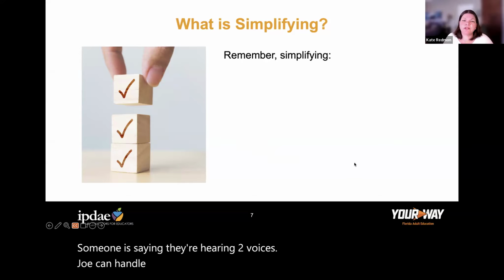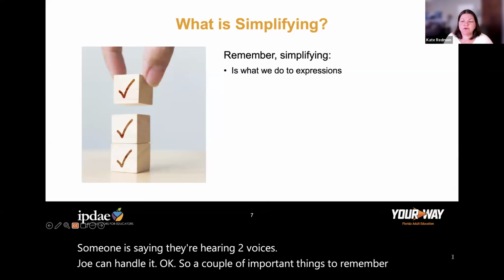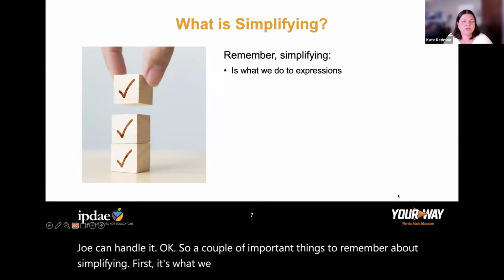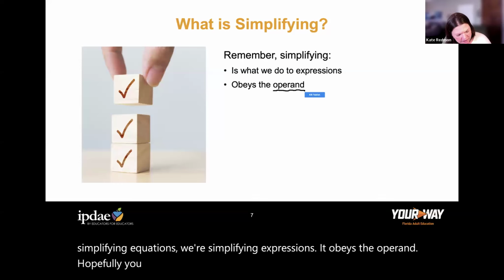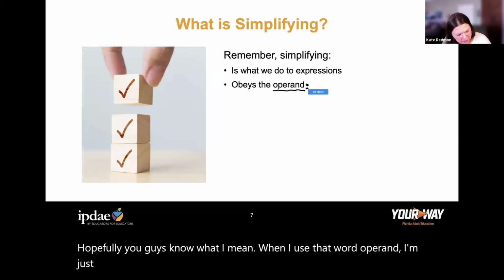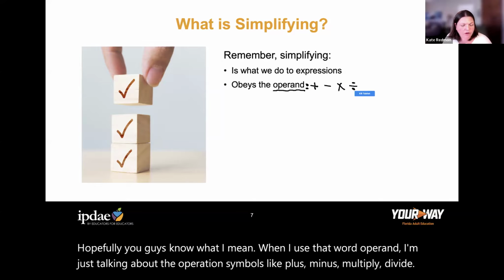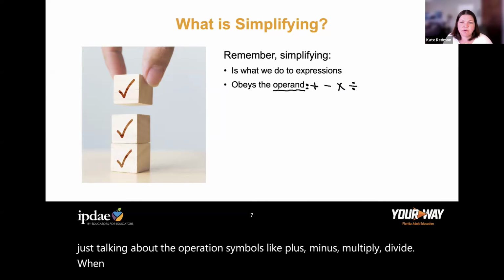So a couple of important things to remember about simplifying. First, it's what we do to expressions, not equations. We're not simplifying equations, we're simplifying expressions. It obeys the operand. Hopefully, you know what I mean when I use that word operand. I'm just talking about the operation symbols like plus, minus, multiply, divide. When I'm obeying the symbols that I see, doing what I've been told to do with those symbols, then I am simplifying.